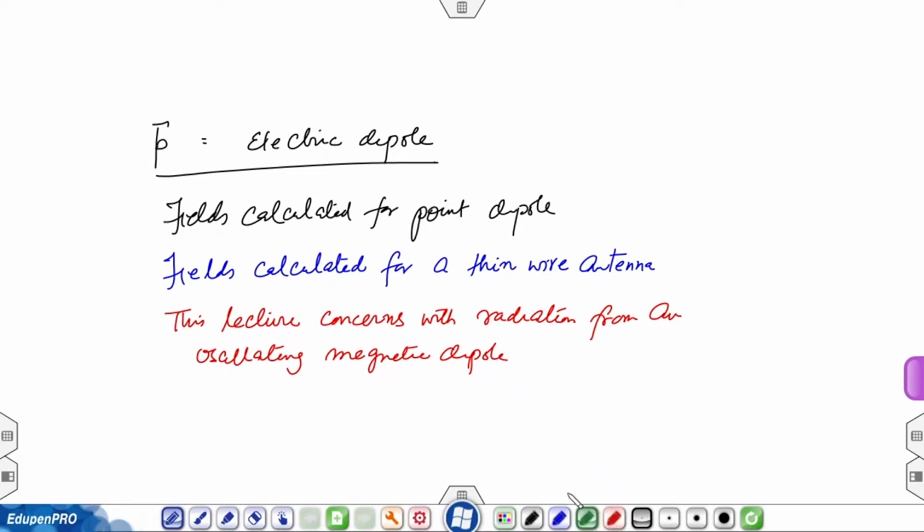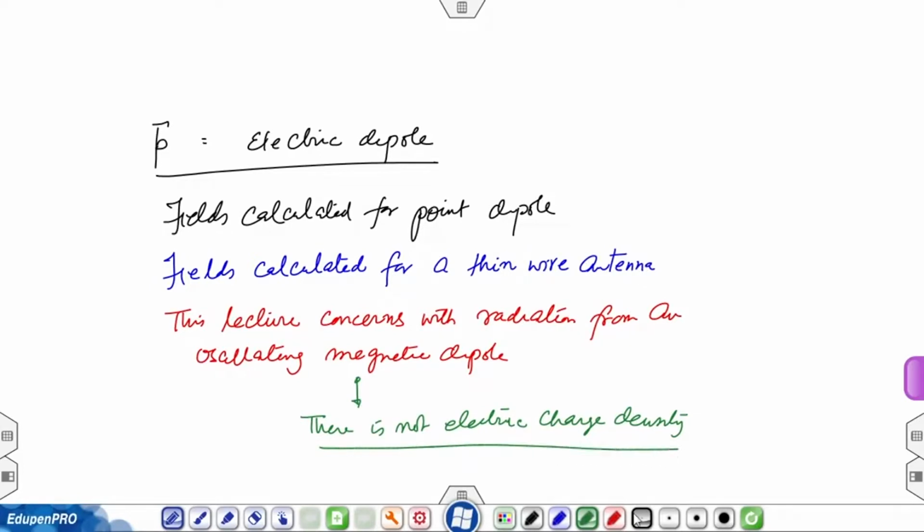And this is one case where there is no electric charge. And therefore, the only potential that we have is A. So, when we calculate A, we get B, E, everything from here. So, let us begin the calculation.